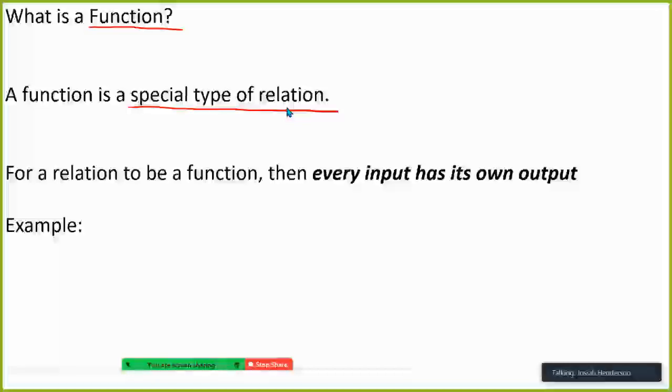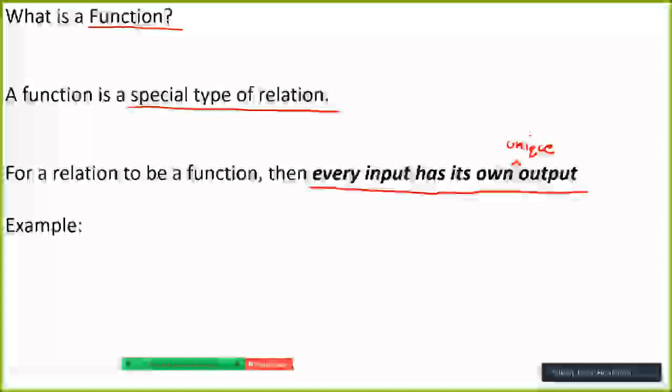But here's the formal definition. And then we're going to spend most of the rest of today looking at different types of examples. So for a relation to be a function, every input has its own output. I'm going to add a word in here. Every input has its own unique output.